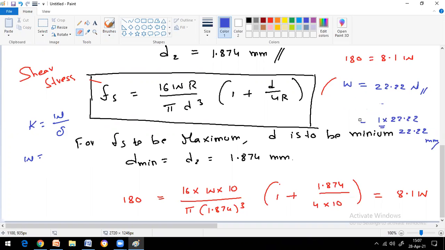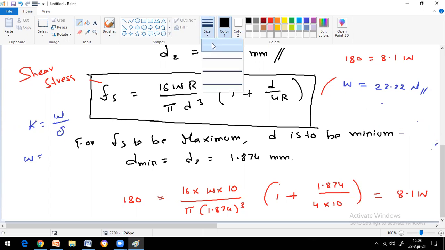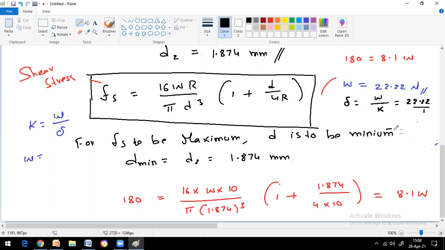Sorry, I made a mistake. So now see, deflection is equal to load by stiffness: 22.22 by 1, that is 22.2.